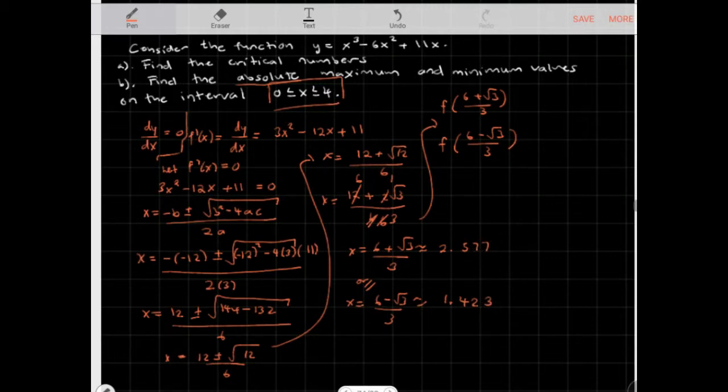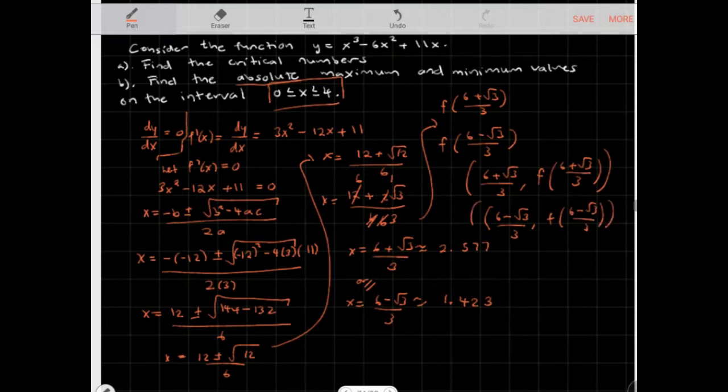So it's preferably better if I just keep it in its radical format, right? So you can leave your answer as f of 6 plus square root 3 over 3 and f of 6 minus square root 3 over 3, because these aren't going to be whole numbers, they are going to be rational to some extent.